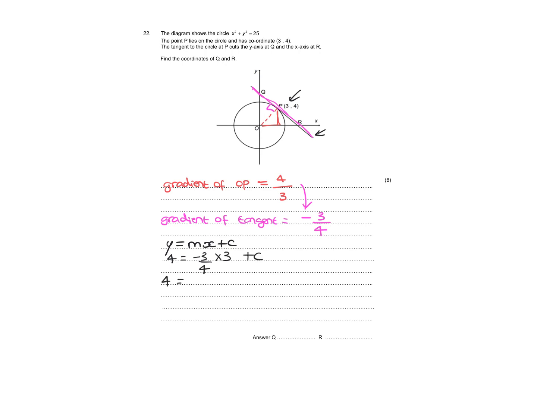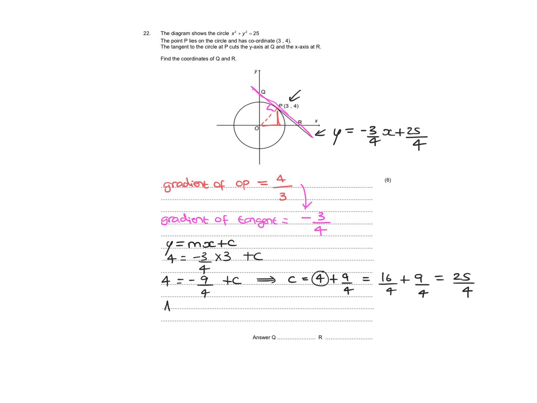So that's 4 equals minus 9 over 4 plus c, which tells me that c is equal to 4 plus 9 over 4. So I can think of that 4 as 16 over 4. So that then tells me my answer is 25 over 4. So my equation of my tangent is y equals minus 3/4 of x plus 25 over 4.